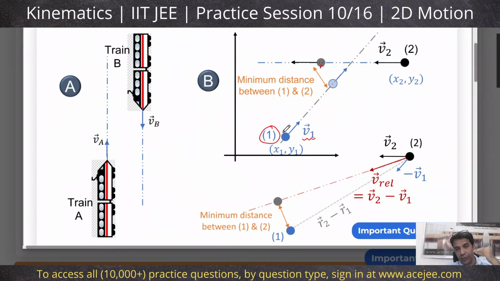So from the perspective of V1, particle 1 is stationary. Let's say the velocity is V2 minus V1, right? Where is the minus V1 vector? Like this. Correct, Namita? Chavi? Yes, sir. So one will think that actually it is moving in this direction.